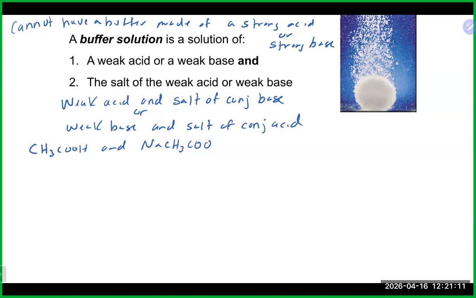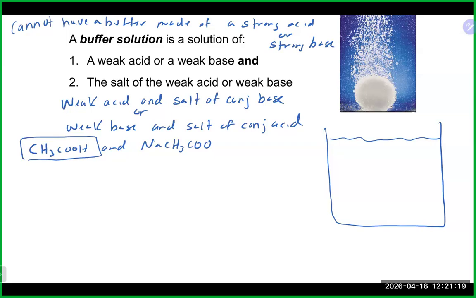And what's going to happen when you put it into your big beaker, as we've been talking about, is the weak acid is going to set up an equilibrium, even with the H plus floating around as well.